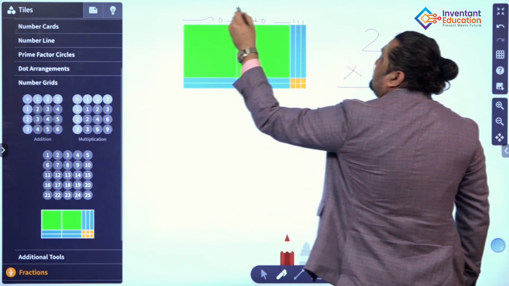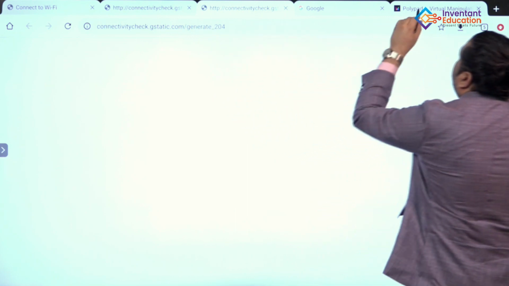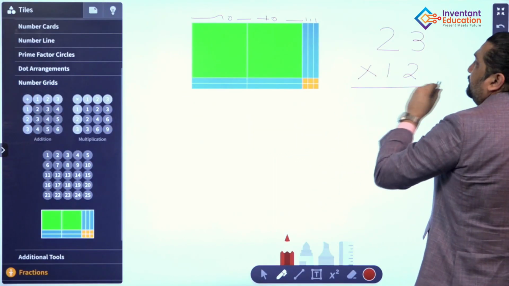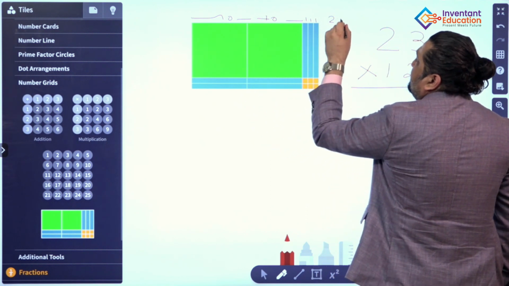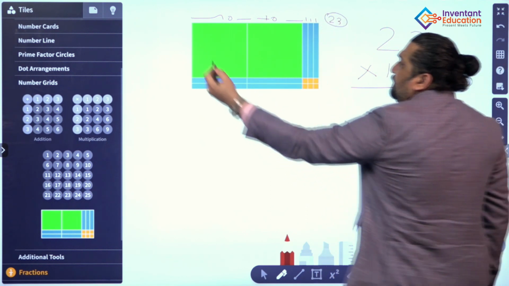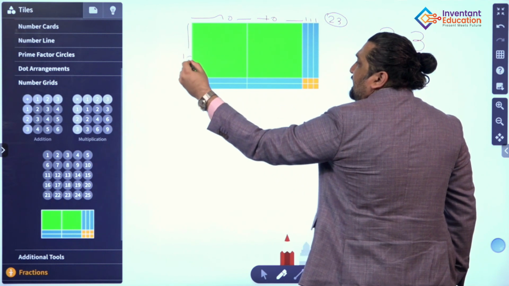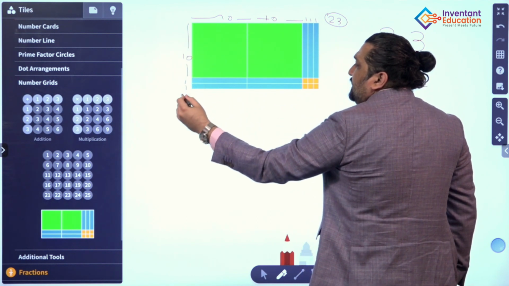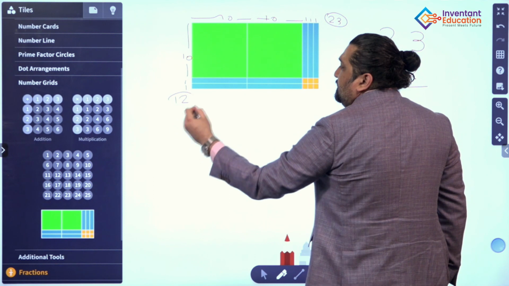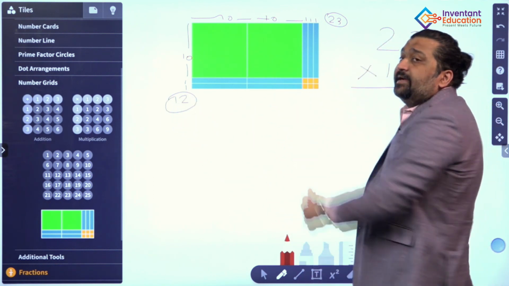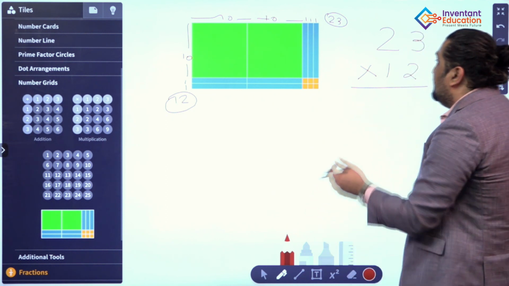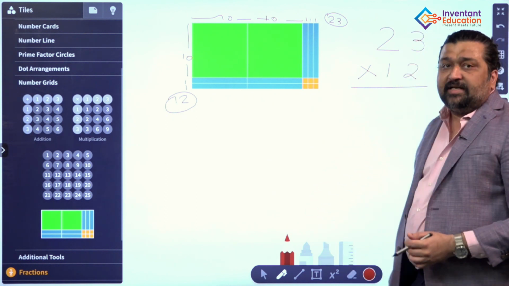So the length of this side is 23. If you consider this side, this is my 10 with 2 ones, so this side is 12. That means the area of this rectangle should be the result of 23 and 12's multiplication.